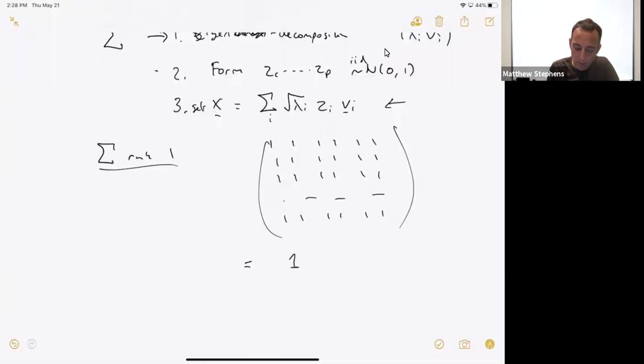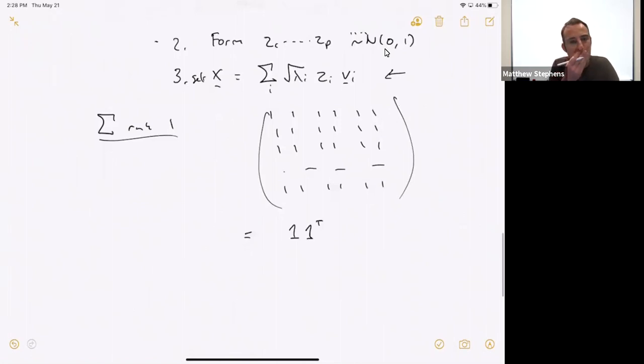In fact, its eigen decomposition is simply 1, 1 transpose. There's a scaling factor here that I'm not going to worry about, so I can just write it as 1, 1 transpose. Here, 1 is a column vector of all ones.